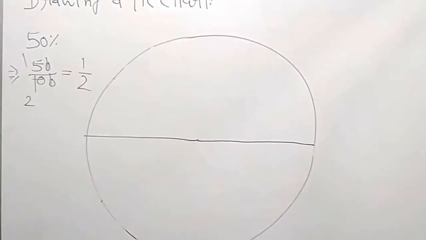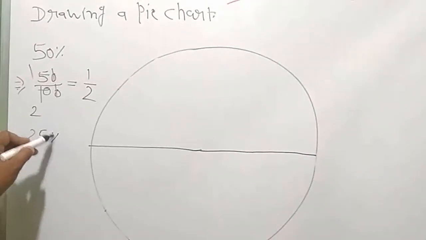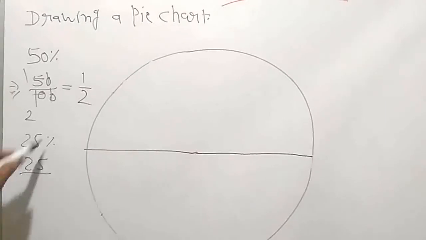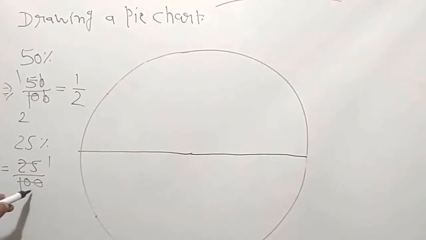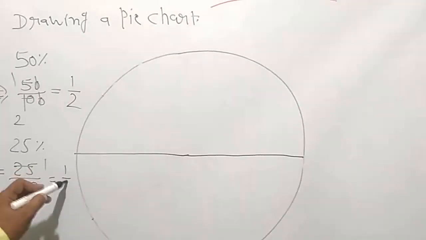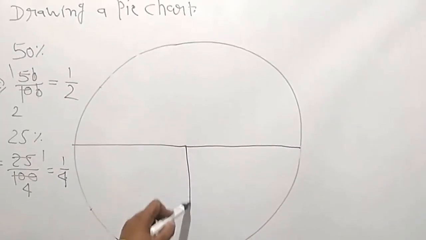It is 50%. Suppose the next data given is 25%. Then how do we convert it? 25 upon 100. 25 1s are 25 and 25 4s are 100. So it is 1 upon 4. So from this part we can draw like this.